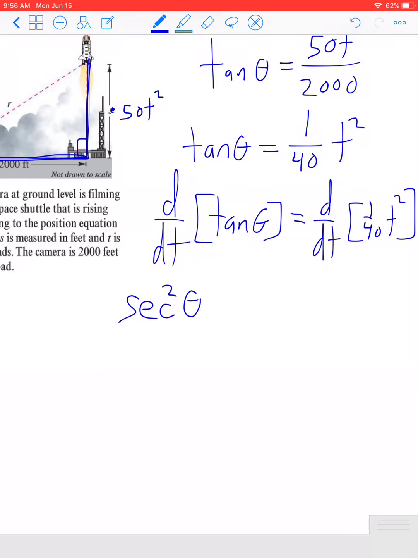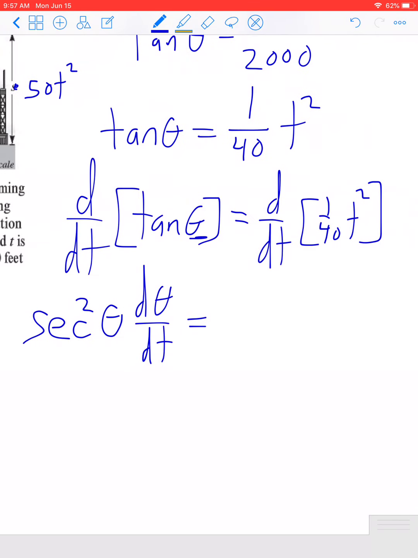And then from the chain rule, because theta changes with respect to time, we need to multiply that by d theta/dt. On the right-hand side, the derivative of 1 over 40 t squared would be 1 over 40 times 2t, which reduces to 1 over 20 t.